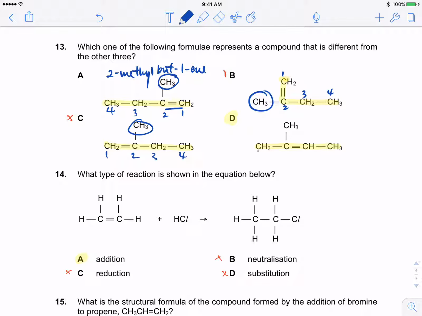If I count from left to right, 1, 2, 3, 4, it becomes 2-methylbut-2-ene rather than 2-methylbut-1-ene, because if you look at the double bond, this is the first C-C bond, this is the second C-C bond, regardless of which way I count from. Therefore, D is not the same compound.